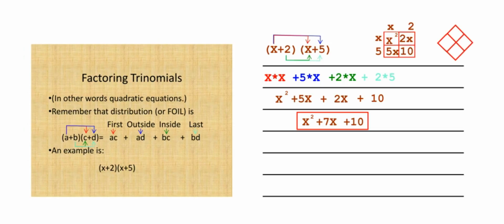Or something similar to this. They call it a lemon, or likewise. Let's set it up. x times x, x squared, x times 2, 2x, x times 5, 5x, and 2 times 5, 10.